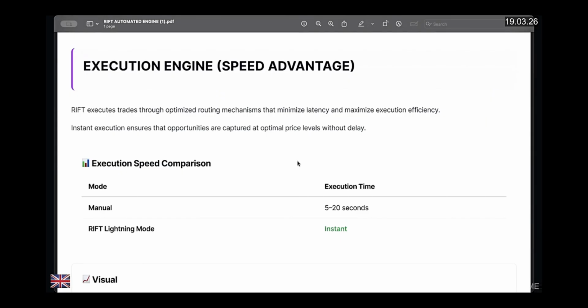With Rift Lightning mode, it is very fast, but still you have to look at the strategy and the preferences that you have set and then execute that trade. But the automated trading engine does everything for you at the backend because it sees everything in real time. So even with your execution being a little more delayed, you win because the auto trading engine does the same for you before you even can.